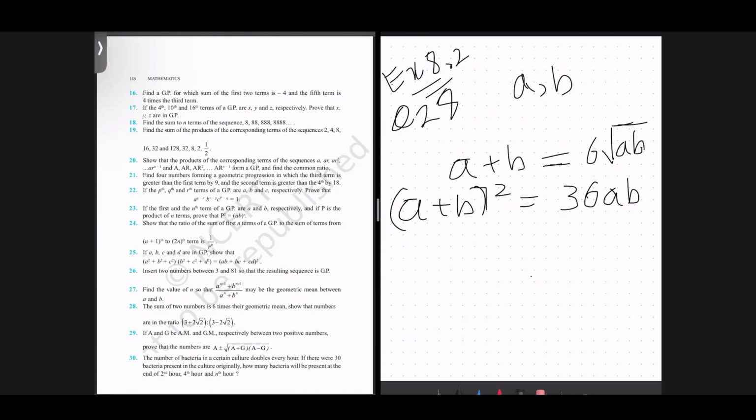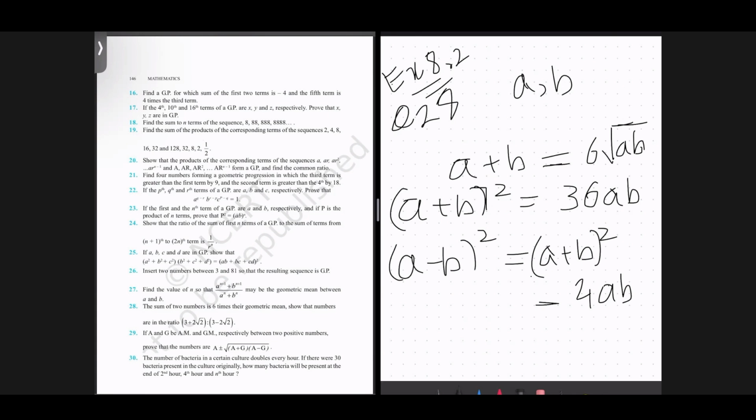So what would a minus b whole square become? A minus b whole square in general is going to be a plus b whole square minus 4ab, correct? Why would this be? Because a minus b the whole square, when you expand it, gives a square minus 2ab plus b square, and that is 4ab less than a plus b the whole square.